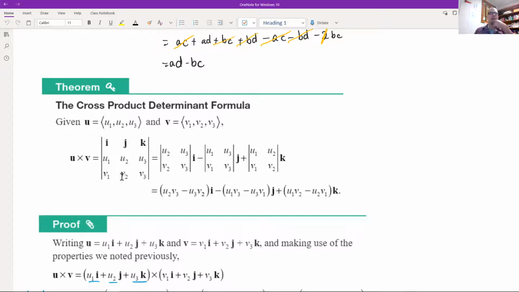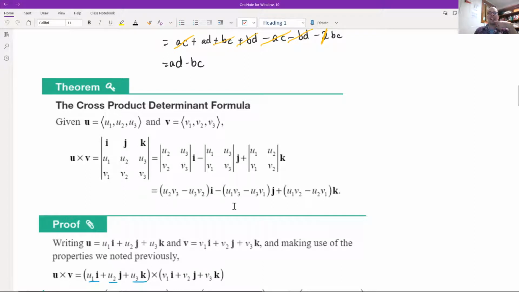So yeah, this can function a lot like just an algorithm that you do. You take your two vectors, plug them in, take some determinants, and then these will just be numbers that pop out.